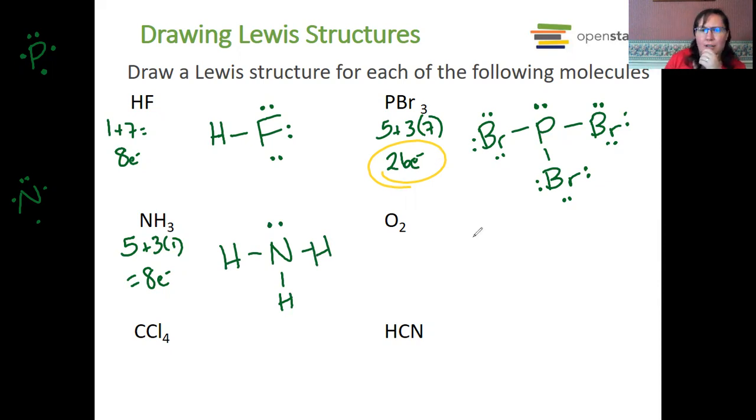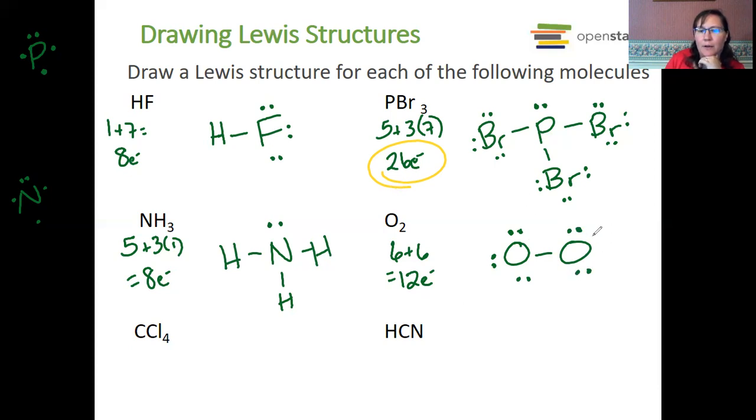Now, let's take a look at oxygen. Sometimes these diatomic molecules are funny. Oxygen has 6 plus 6, or 12 electrons. I'm going to place them sort of like this, and I would have 2, 4, 6, 8, 10, 12.